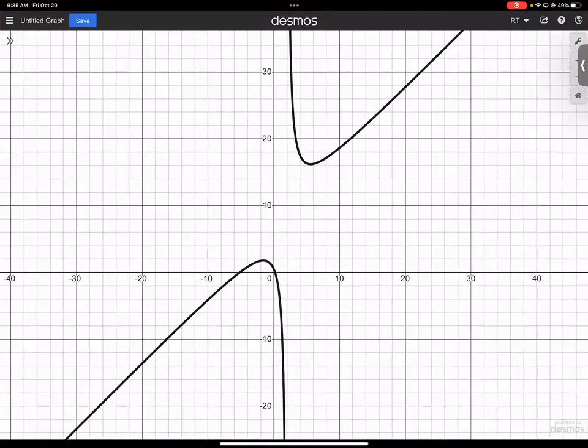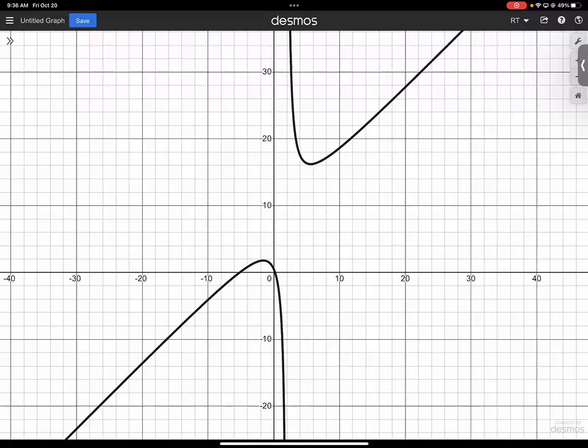Does it have a horizontal asymptote? No. There is what's called an oblique or a slant asymptote in here, like a diagonal line. Does everybody see that this diagonal line kind of shows what the ends do? That's called an oblique asymptote or a slant asymptote.